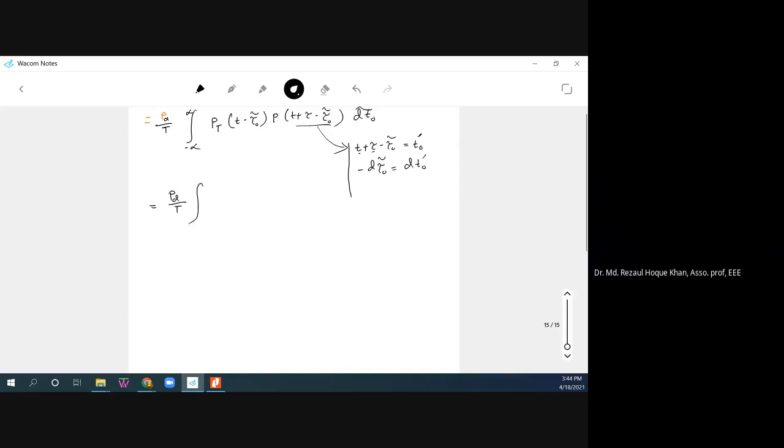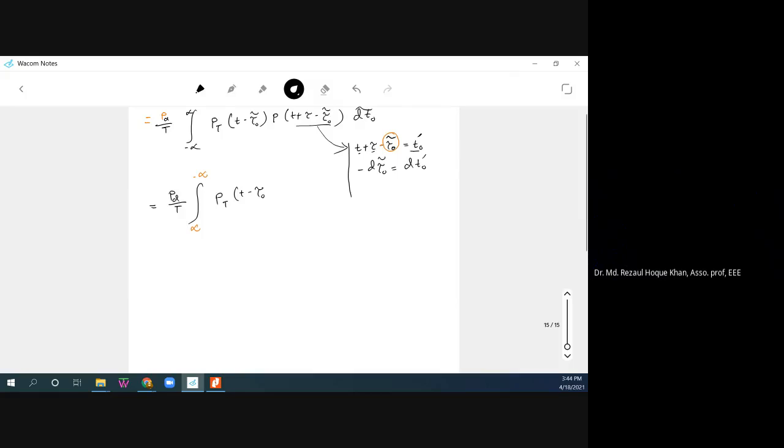Now you see t0 tilde was minus infinity. So if this is minus infinity, what will happen? Minus minus becomes plus infinity. So it is plus infinity to minus infinity, so our limit changes. So p(t − t0 tilde), t0 prime equal to t plus tau minus t0 tilde.